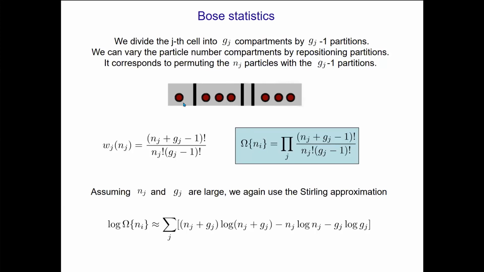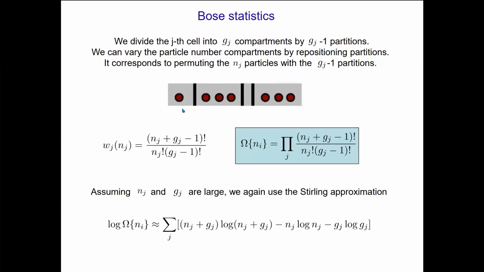And how is this counting achieved? Here by circles we show particles, corresponding to the occupation number Nj, and we need to distribute these particles among the Gj states in any way we like, okay? And this can be achieved by taking Gj minus 1 partitions.